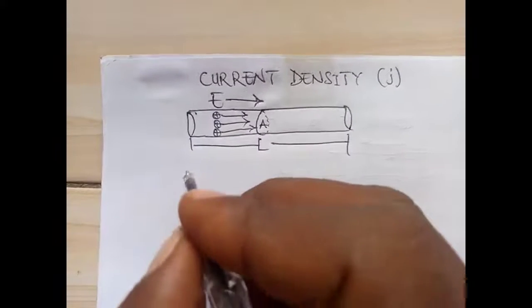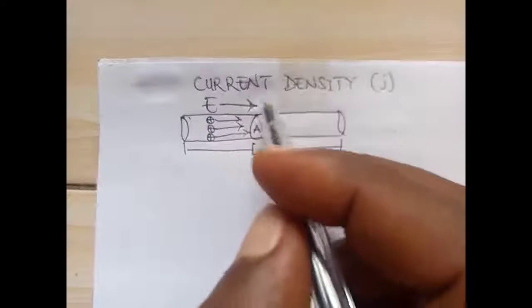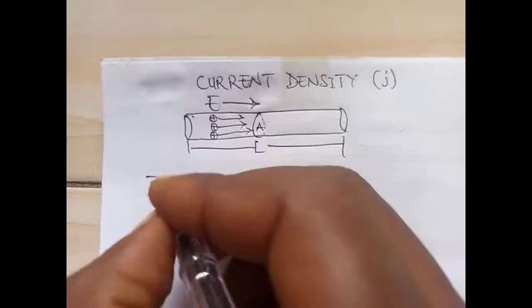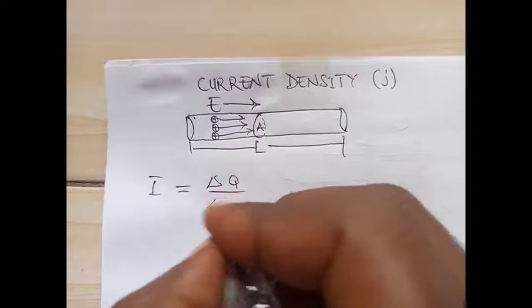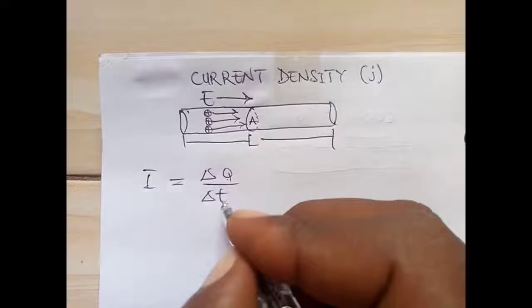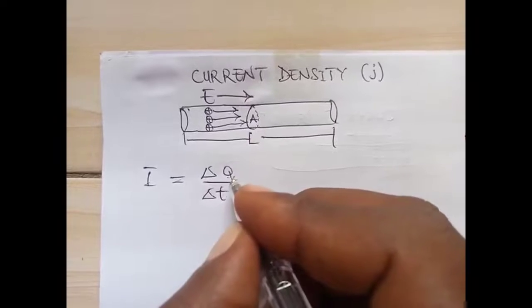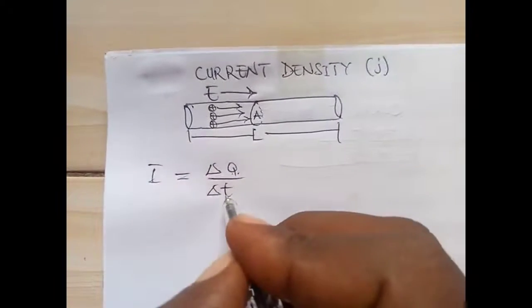We need to know that the electric current passing through a given cross-sectional area of the wire per unit time is given as I, current, equals delta Q over delta T, because Q is equal to IT. This is the quantity of charge passing through a cross-sectional area in time.